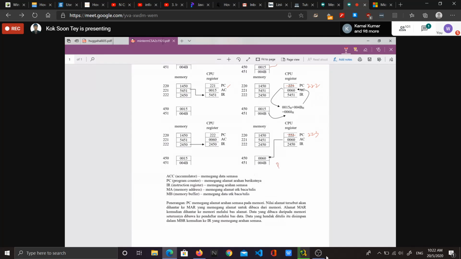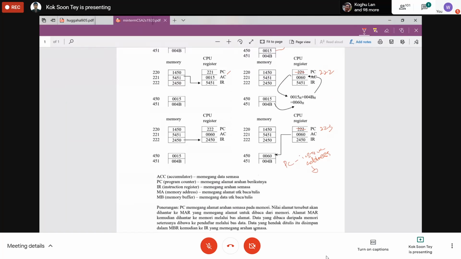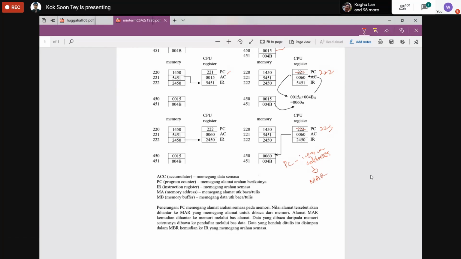So your PC is holding the instruction address, and it will send it to MAR, the one holding the address which you are going to access. Then the MAR will send this address to memory through the address bus.